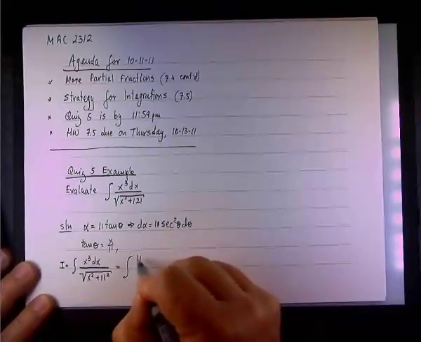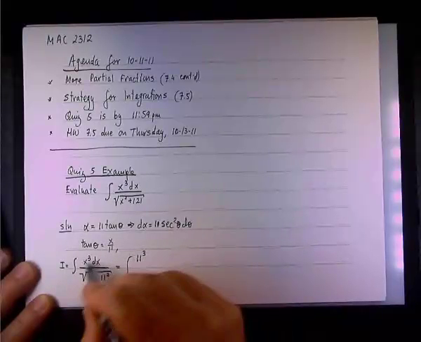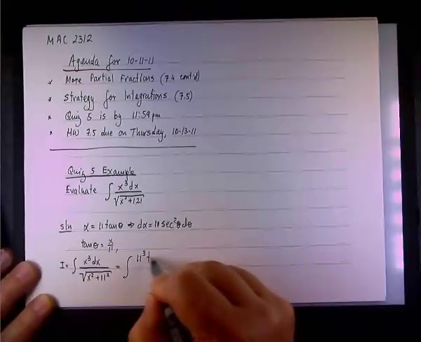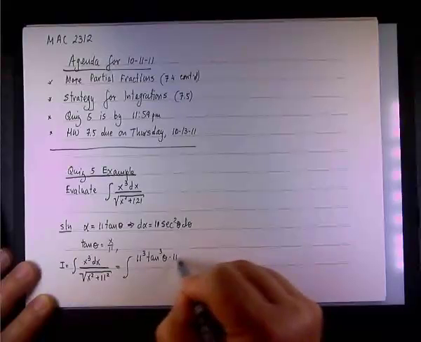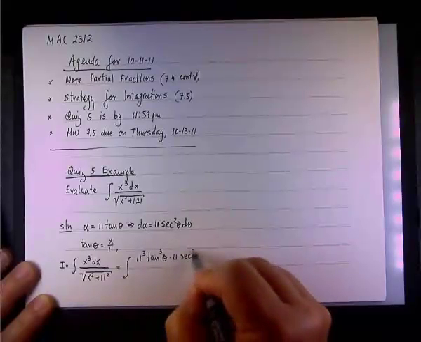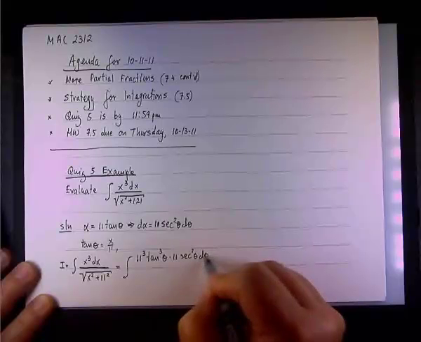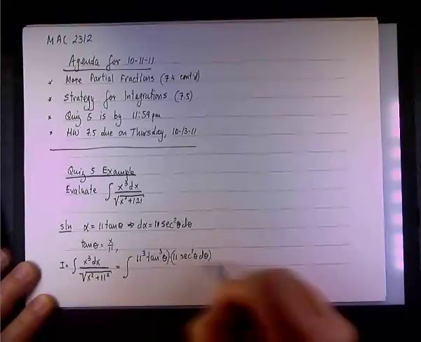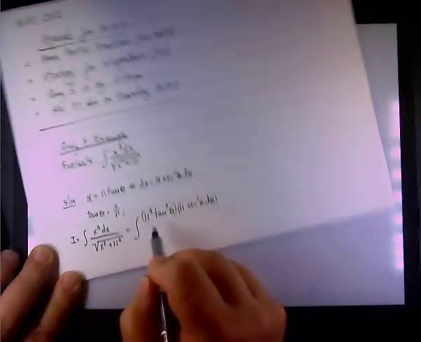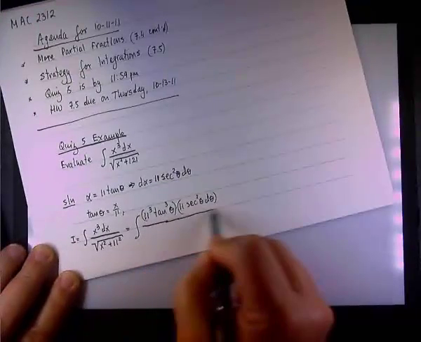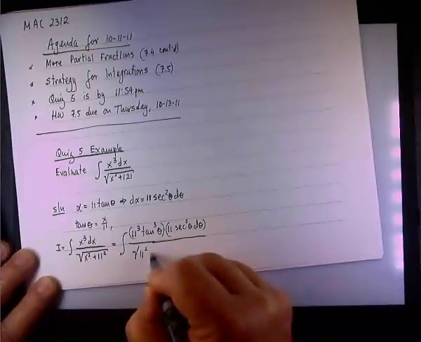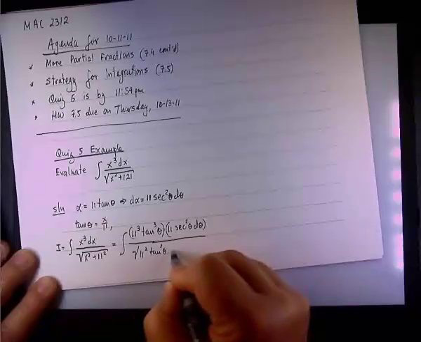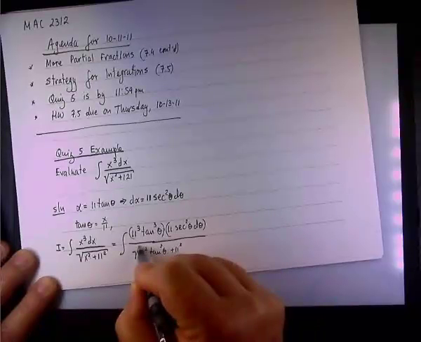If I do the substitution, x cubed becomes 11 cubed tangent cubed, and then dx is 11 secant squared theta d theta. The denominator is the square root of 11 squared tangent squared plus 11 squared.